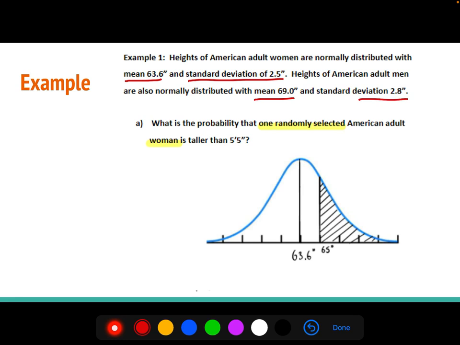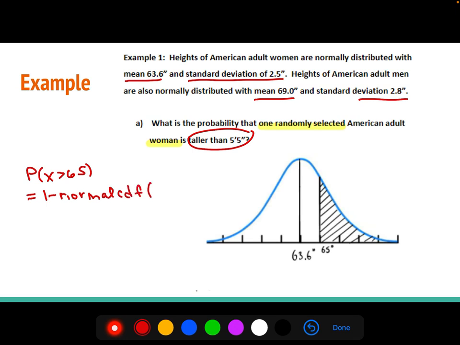Heights of men normally distributed, the mean and standard deviation. What's the probability that we have one randomly selected adult woman that's taller than 5'5"? Well, let's see. These are all normally distributed, they said. So we got the probability that they are greater than 5'5", that's 65 inches.